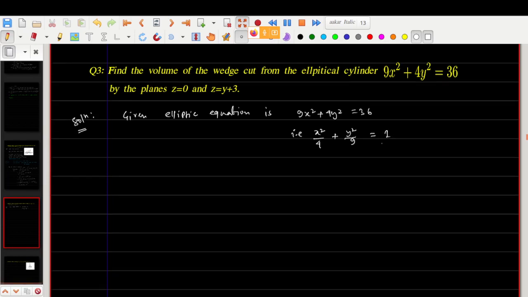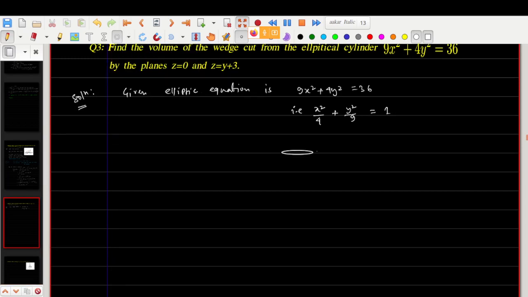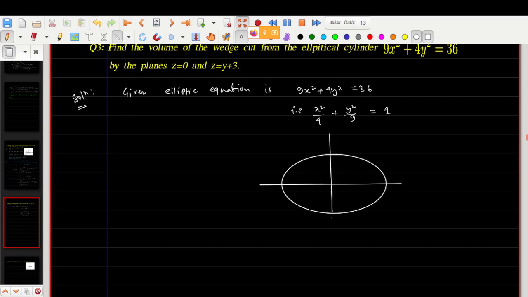So how does the ellipse look now? If you put this as the origin and this one is the x-axis, then x lies between minus 2 to 2, and y lies between minus 3 to 3, right?